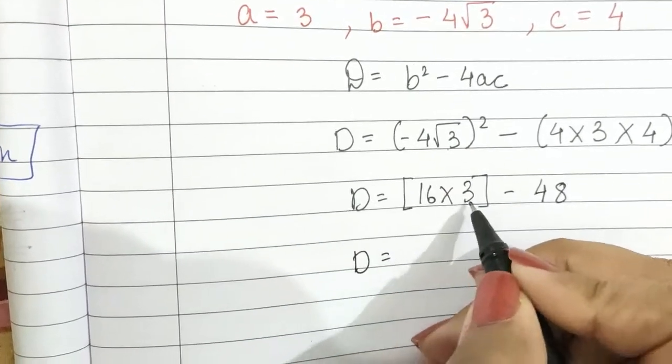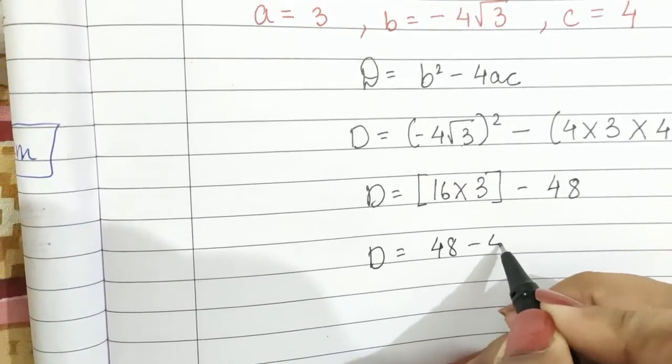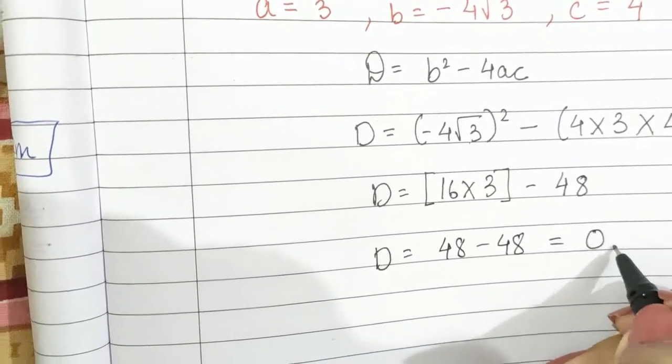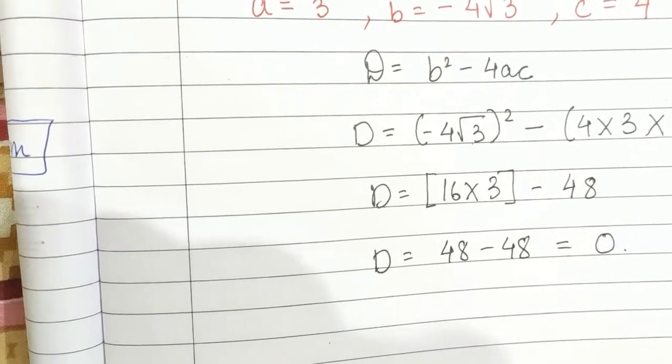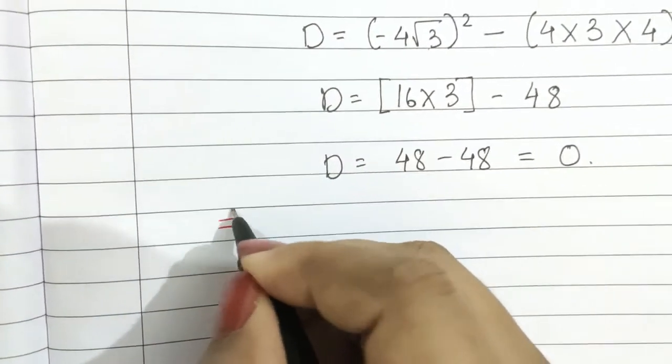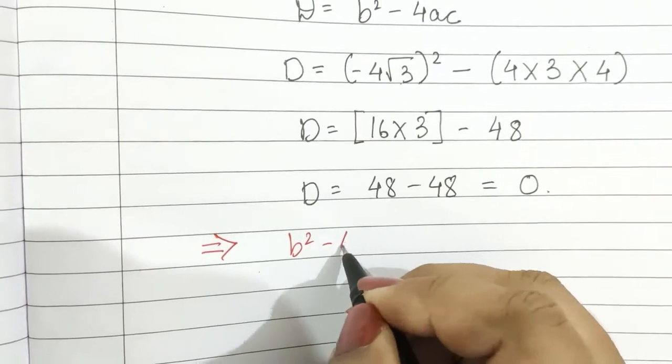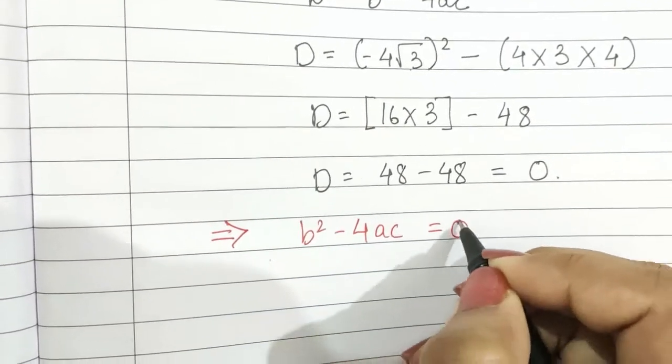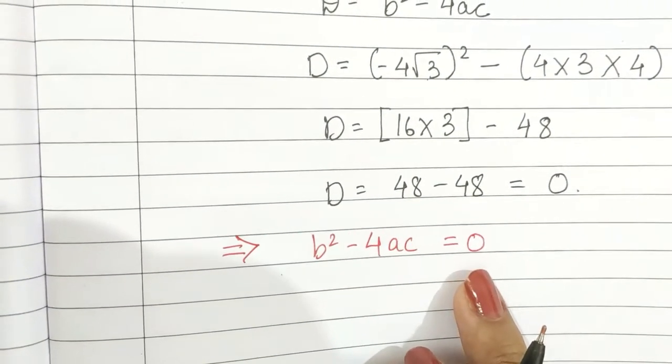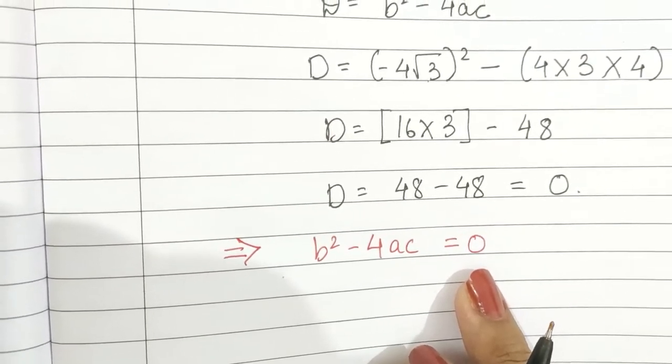Now D equals 16 into 3s is 48 minus 48 is equal to 0. So here we arrive at the condition where b square minus 4ac equals 0. Whenever the determinant is equal to 0, we have real roots.